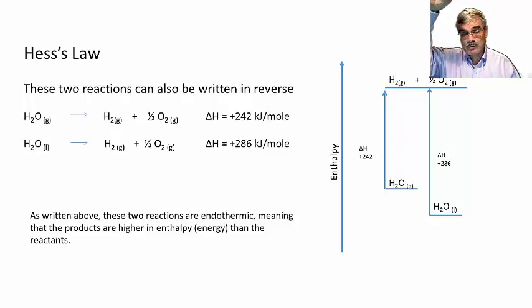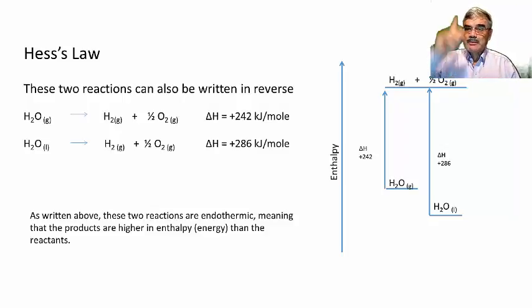How far? 242 kilojoules. Likewise, I have the second reaction, water in the liquid phase, which starts a little bit lower, also breaking apart into hydrogen gas and half an oxygen molecule. There, the step is 286 kilojoules.